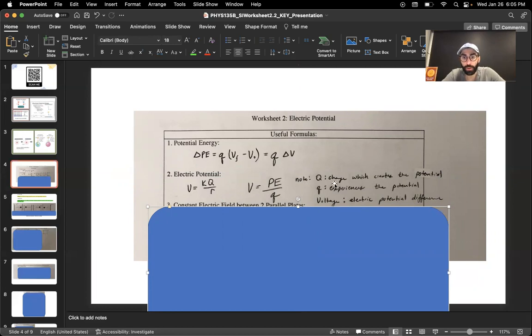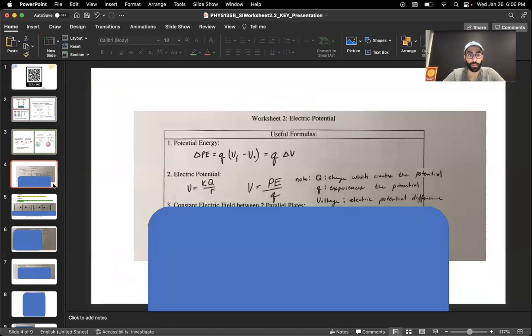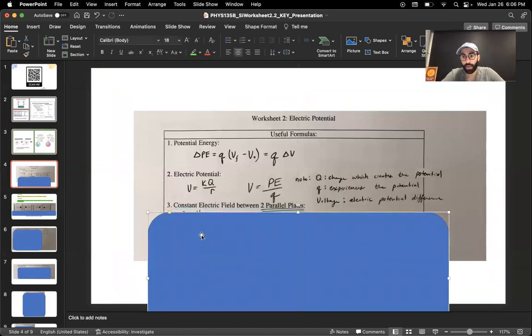I want to note what the different Q's mean that you will see. Big Q is the charge that creates the potential, and little q is what experiences the potential. Keep that in mind when you're working with something like this. This little guy is little q, and it's what's experiencing the electric potential energy from this big Q. And then obviously voltage is electric potential difference.